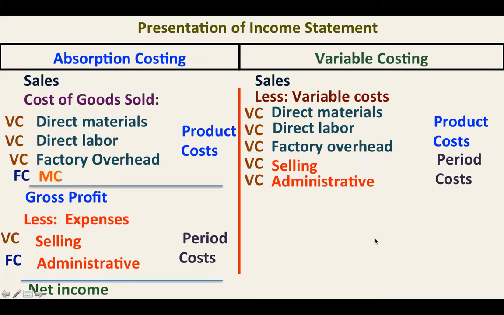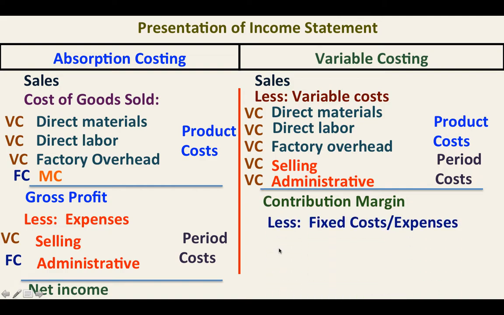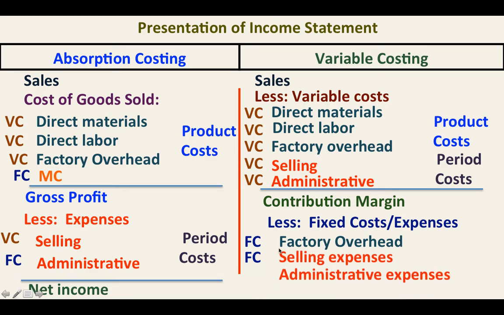Okay? So sales less variable cost will give you what you call contribution margin. So under variable costing, sales less variable cost will give you contribution margin less fixed cost expenses, which are the factory overhead na fixed, selling and admin na fixed. Okay?